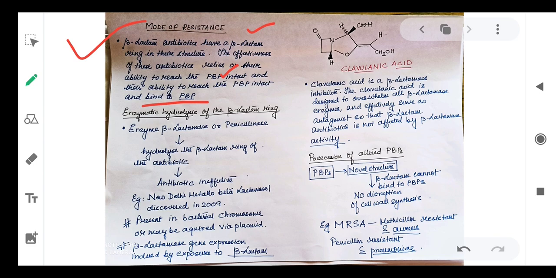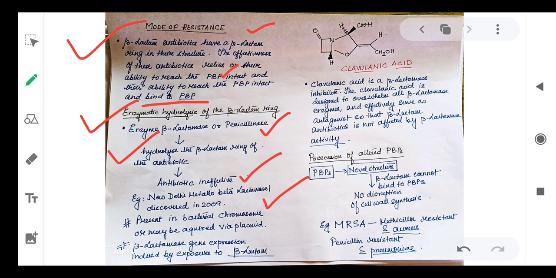So what are the mechanisms by which a microorganism can become resistant to this antibiotic? The first one is enzymatic hydrolysis of the beta-lactam ring. An enzyme is secreted by the bacterium and that is basically used to degrade the beta-lactam ring. The enzyme beta-lactamase or penicillinase is produced. It hydrolyzes the beta-lactam ring of the antibiotic, rendering the antibiotic inactive. If you want an example, it is the New Delhi metallo-beta-lactamase 1, discovered in 2009.